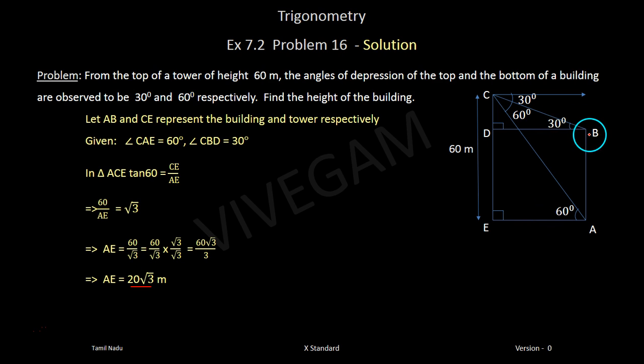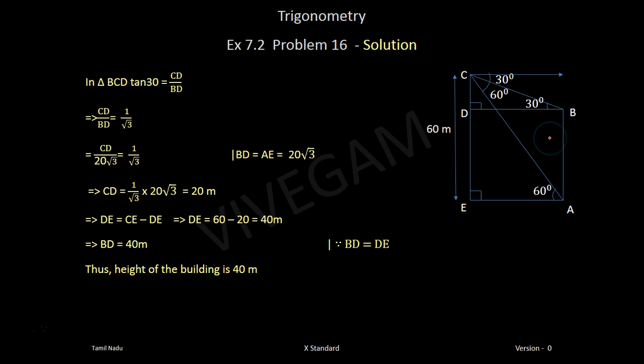Now, consider triangle B, C and D. Tan 30 is opposite by adjacent. So tan 30 is opposite, which is CD, divided by BD. Tan 30 is 1 by root 3, so CD by BD will be equal to 1 by root 3.